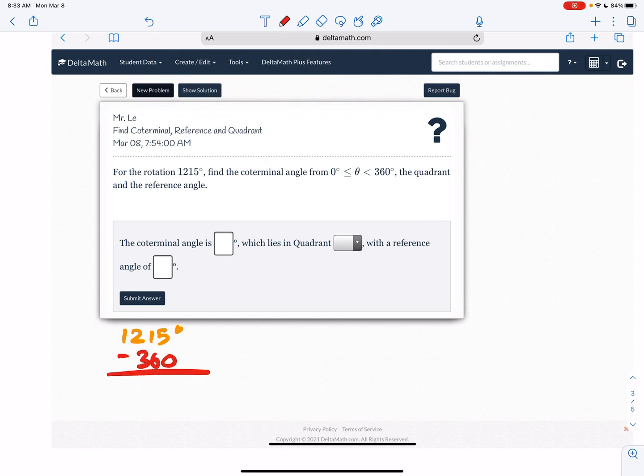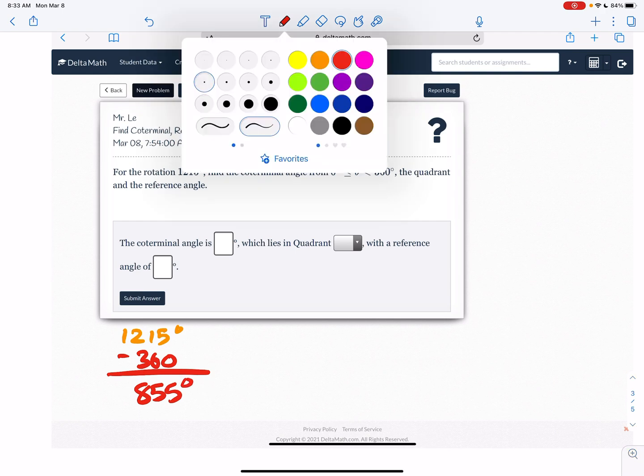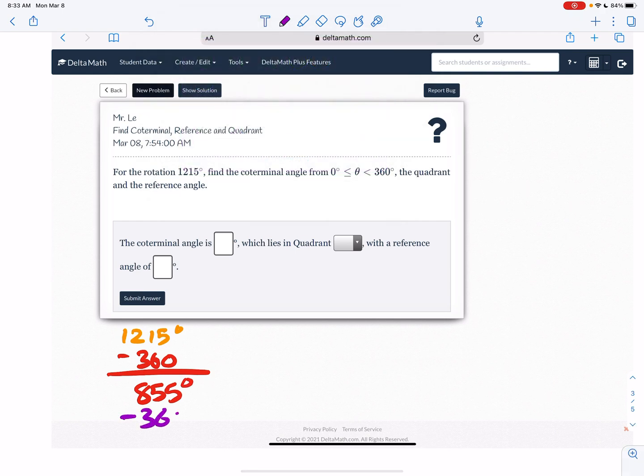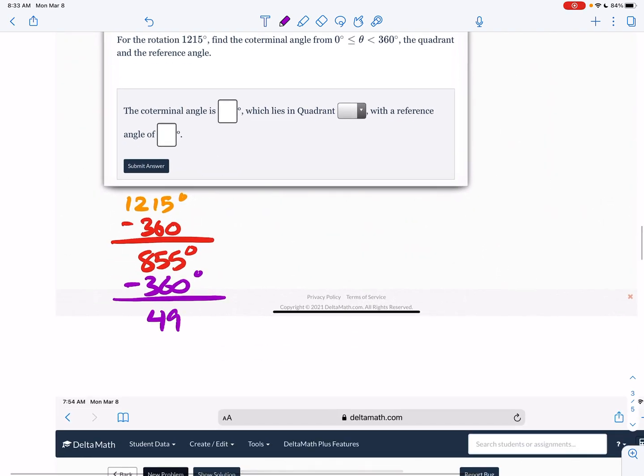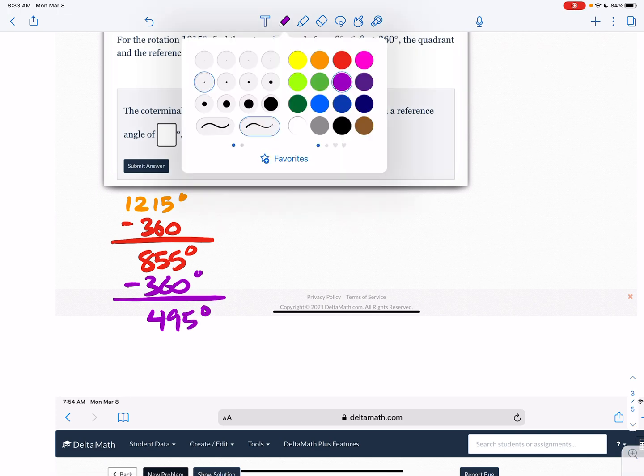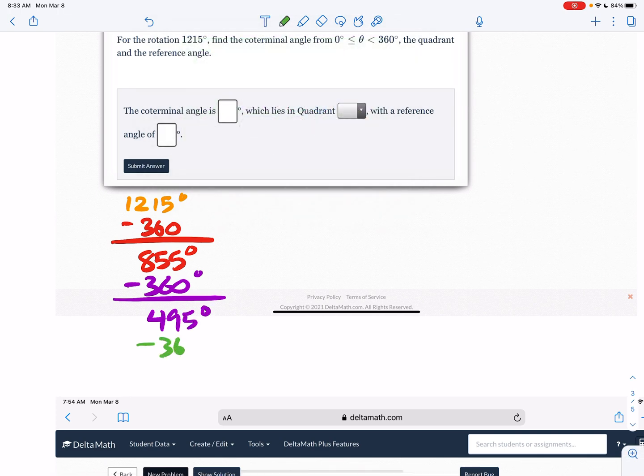So let's see, 1,215 minus 360 gives us 855, which is still too large. So I'm going to keep subtracting increments of 360. That gives me 495, which is still too large. So I'm going to subtract again. You're going to keep doing this until you get something in between 0 and 360.